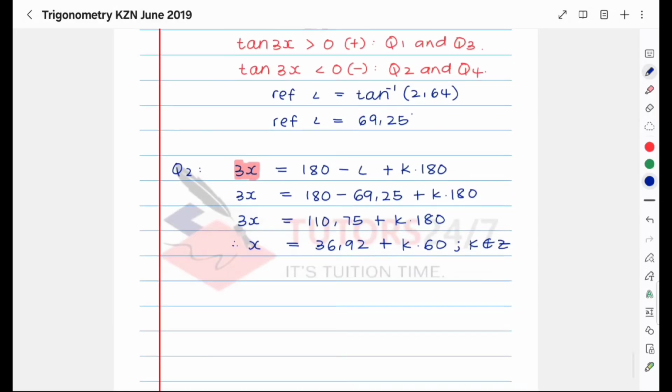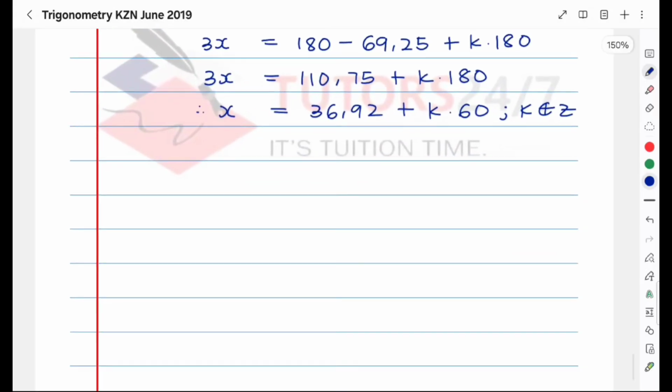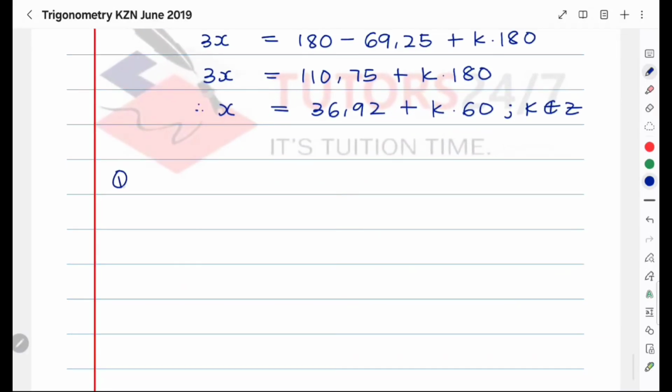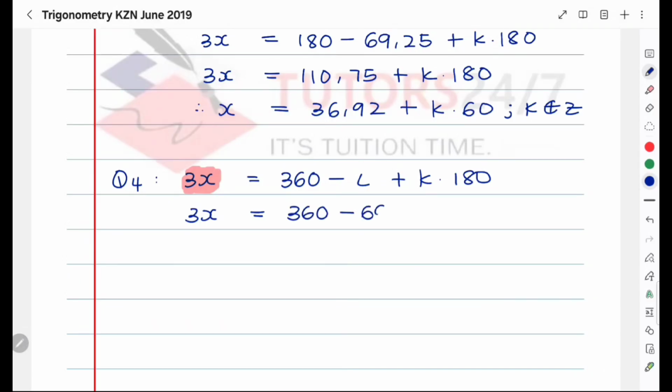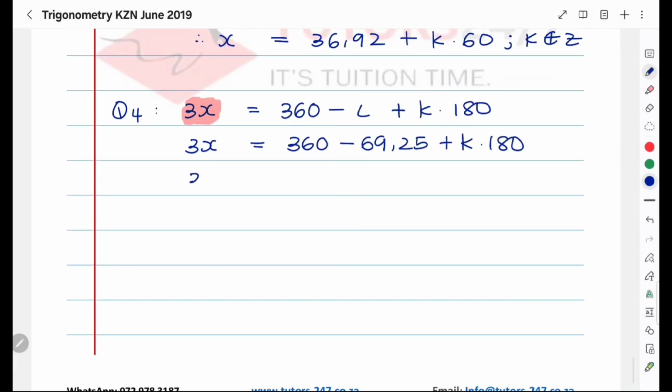Let us now focus on quadrant 4. So once again, we are going to use the angle 3x. And that is equal to the reduction formula in quadrant 4 plus k times 180 because this is tan. We substitute the reference angle. We simplify the right-hand side.